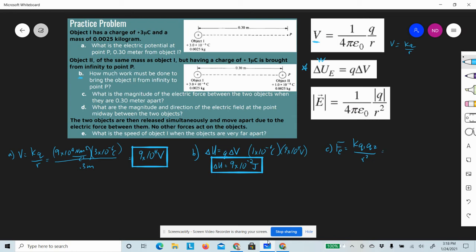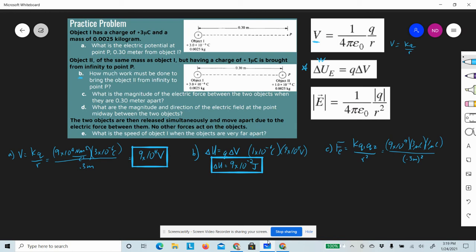So now plugging in the numbers we know, 9 times 10 to the ninth multiplied by Q1 was 3 microcoulombs. Charge 2 was 1 microcoulomb. And the separation between them is 0.3 meters squared. Right? Plug and chug, do the math.